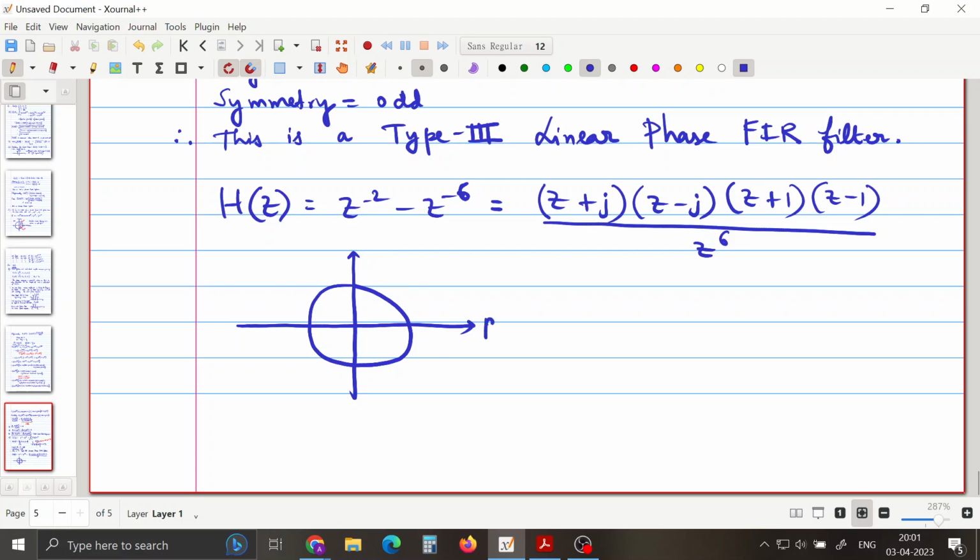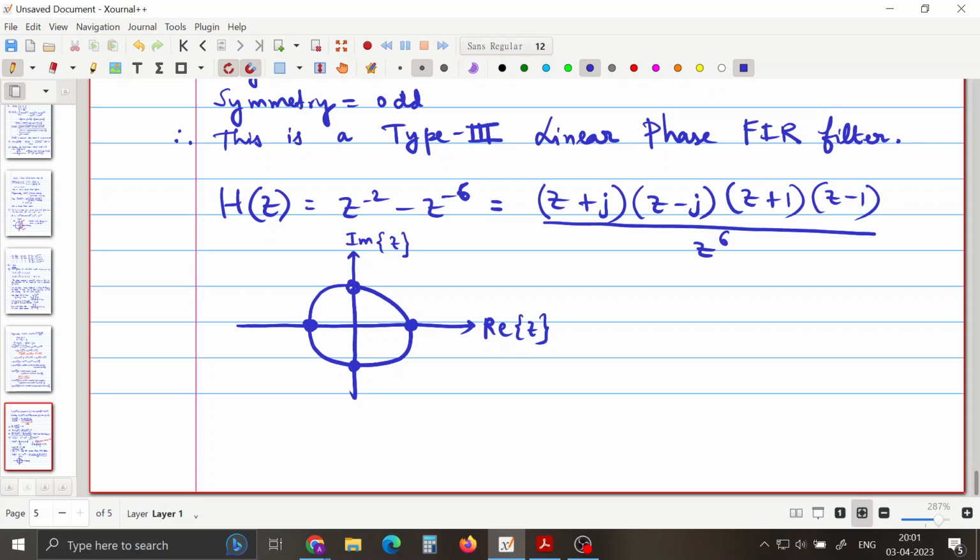So this is the real part of z, this is the imaginary part of z. You have a 0 here, a 0 here, and a 0 here.